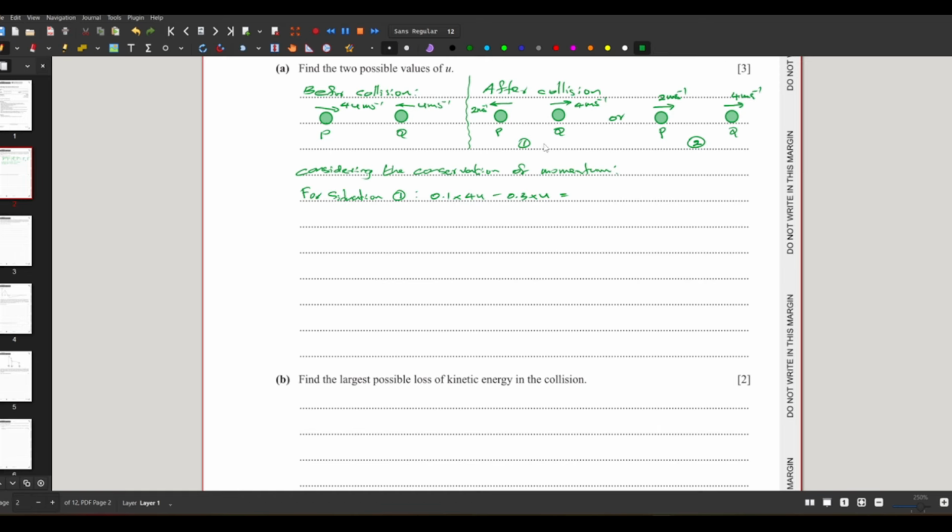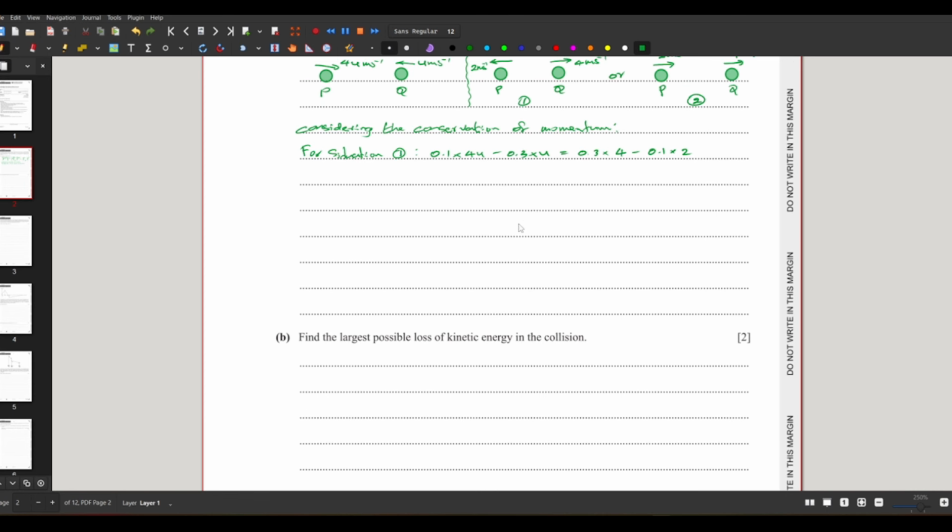The momentum of Q is to the right, so I can write 0.3 times 4, minus the momentum of P, which is to the opposite direction or left side, so it's negative: 0.1 times velocity 2. With this you can solve for u.